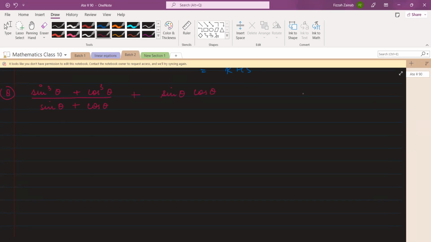Right, so you use the identity a cube plus b cube, which is equal to a plus b into a square plus b square minus ab. Remember it?